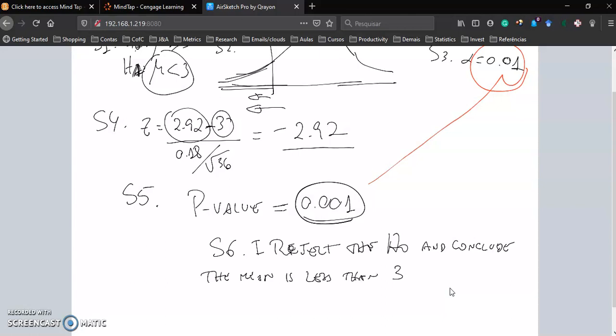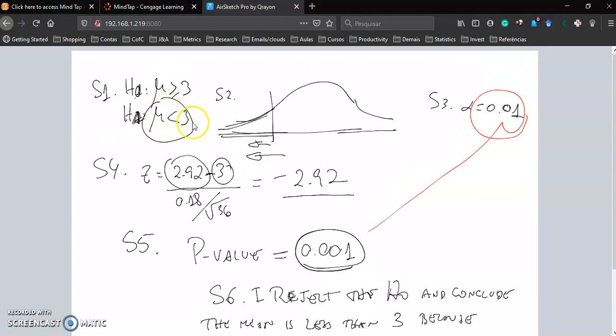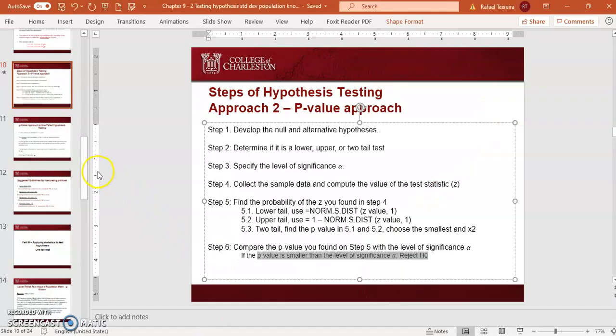Because the p-value is smaller than 0.01. Okay, so this is how you do it by hand. It's done, it's solved. You reject the null, you conclude that the mean is smaller than 3. Okay, so let me see if there's something else in the slides.